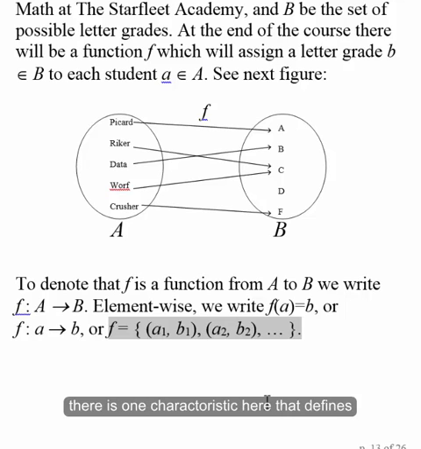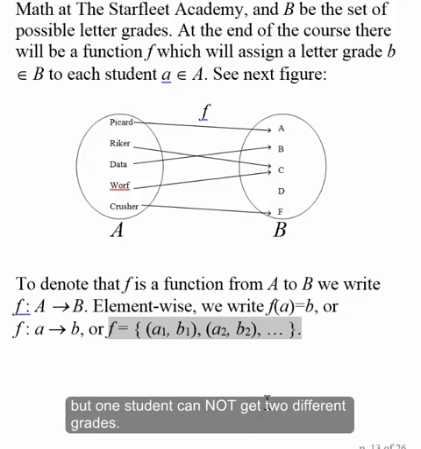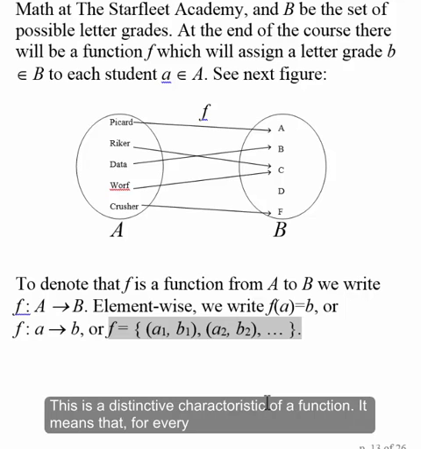But there is one characteristic here that defines a function. As you can tell, every student can get only one grade. Two students can get the same grade, but one student cannot get two different grades. This is a distinctive characteristic of a function.